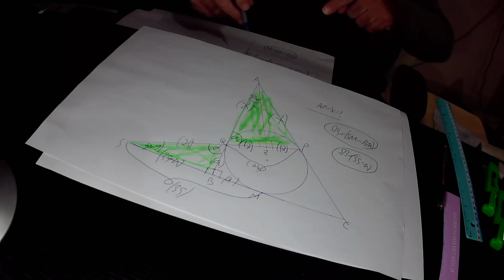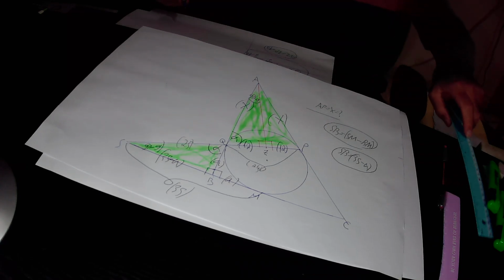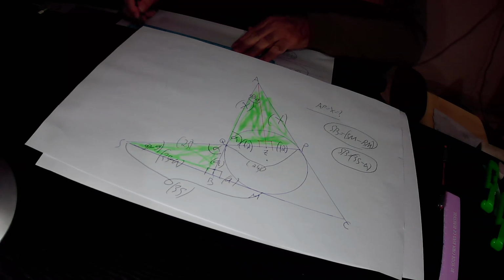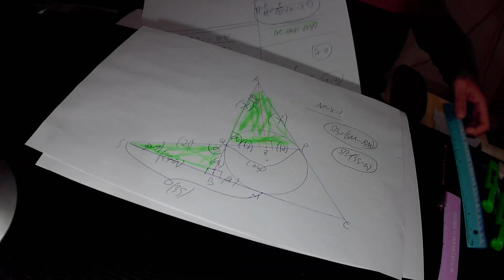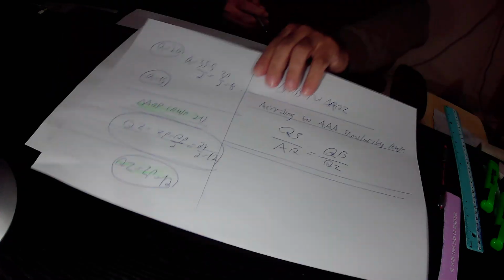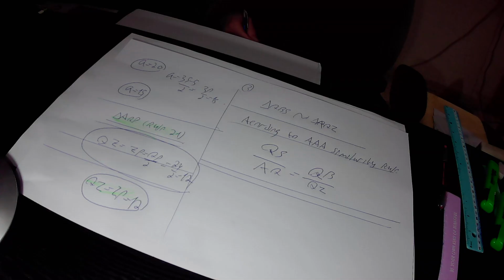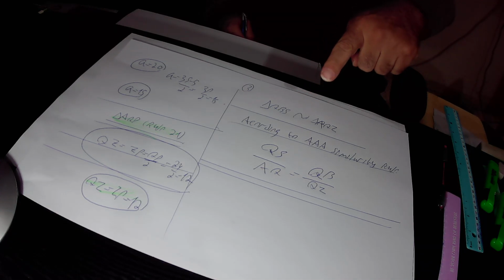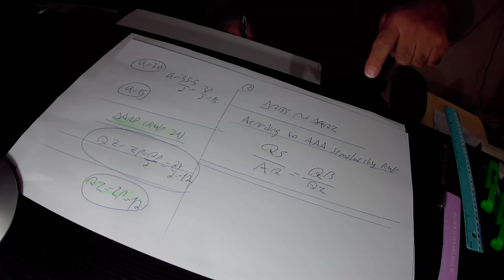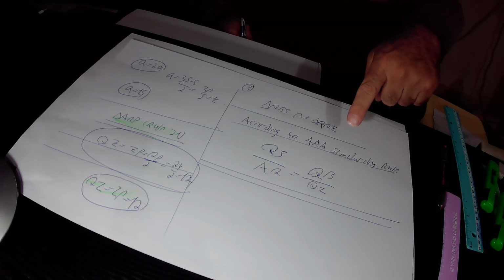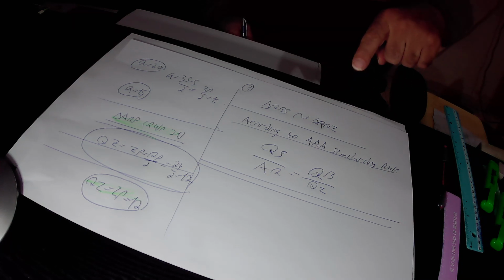Again, for the fact that those two right triangles are similar to each other, we derive that the following relationship exists between their sides. We derive that side QS of the small green triangle QBS over side AQ of the big right triangle AQZ is equal to side QB of the small green triangle QBS over side QZ of the big right triangle AQZ.